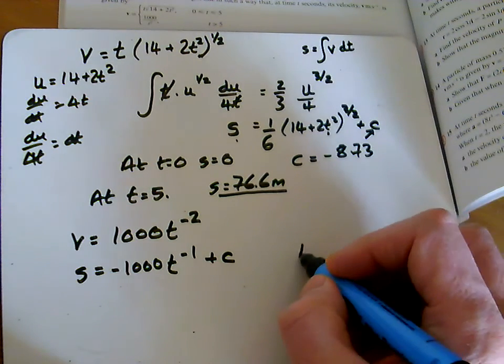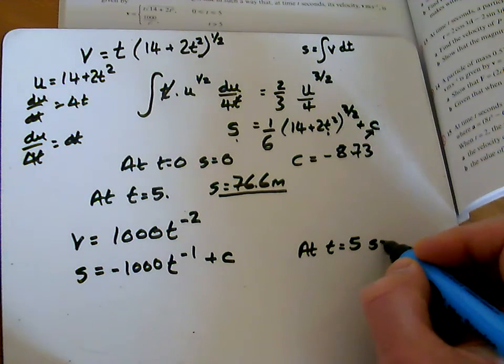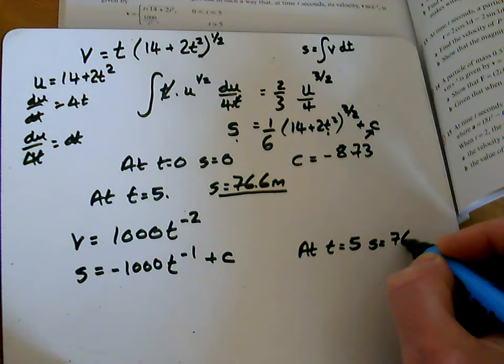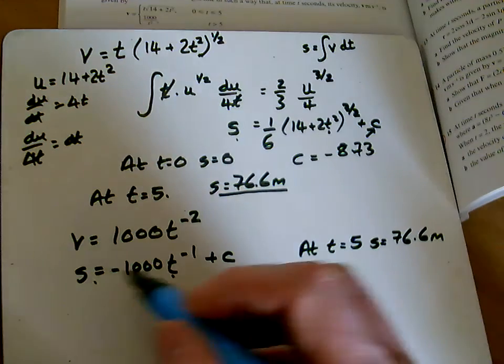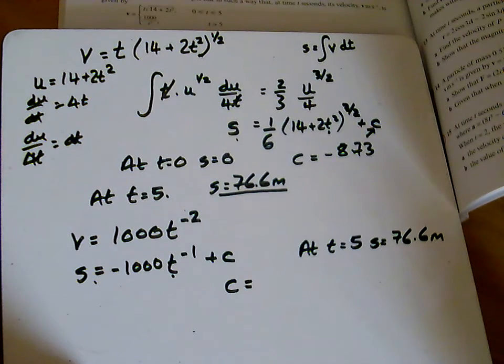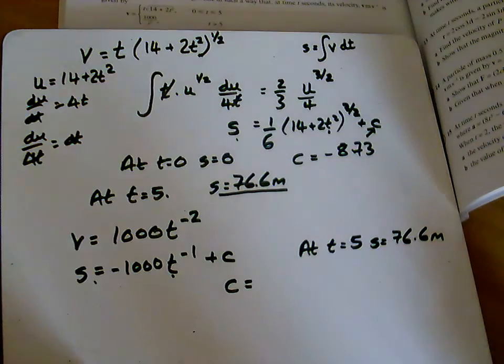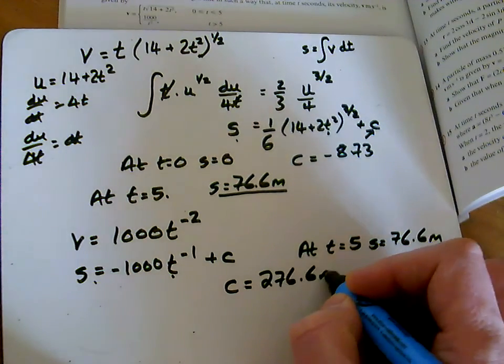But what we do know is at t is equal to 5, S is equal to 76.6 meters, because we did it in the first part. So put those in there to find out that the c this time is going to be 276.6 meters.